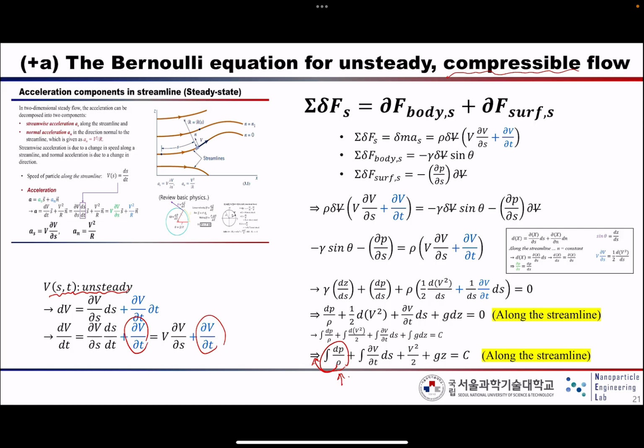You should use this equation for unsteady compressible flow. This is the generalized form, but it is very difficult to apply analytically, so this one is just a plus alpha.